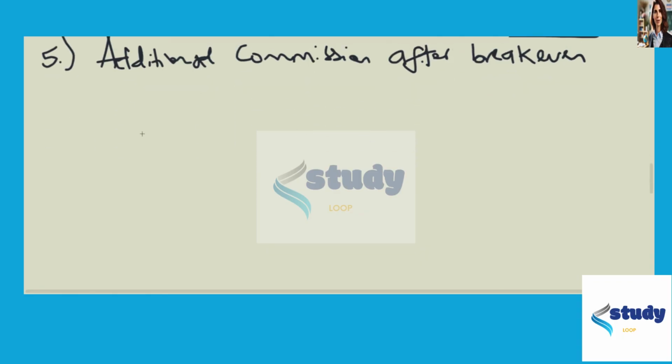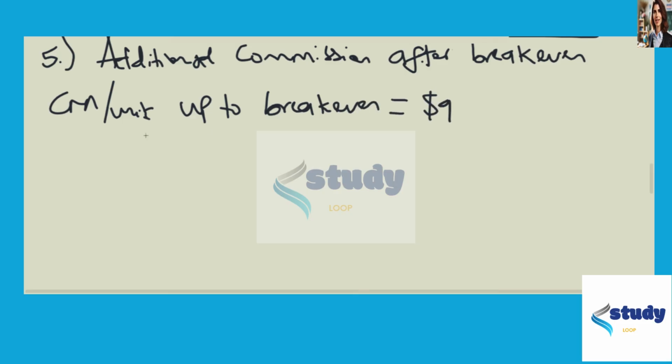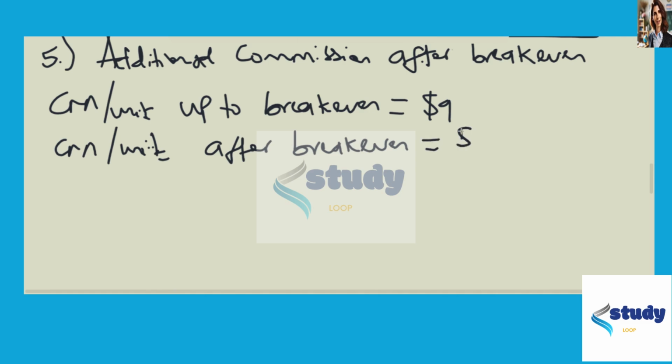So the contribution margin per unit up to break even is $9, and the contribution margin per unit after break even is $8.50, right?